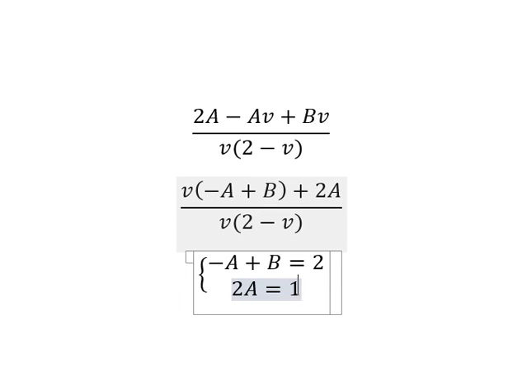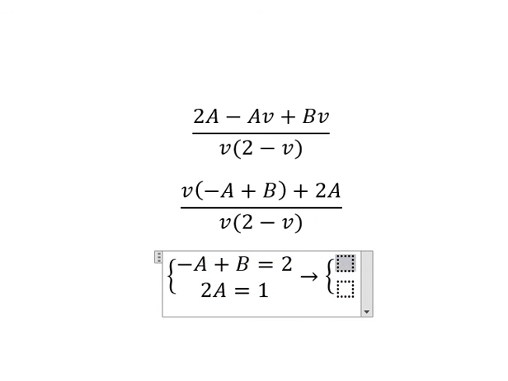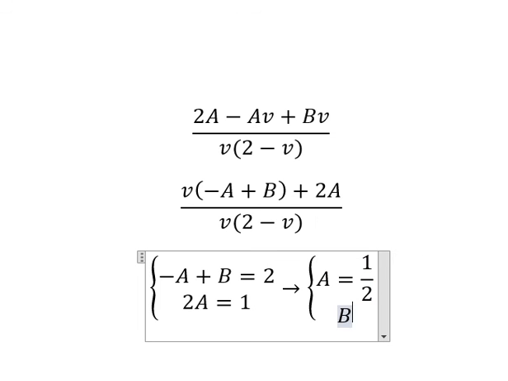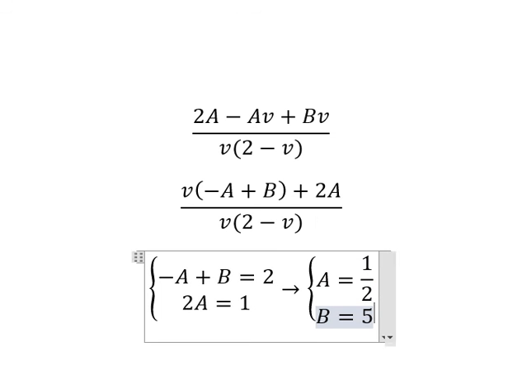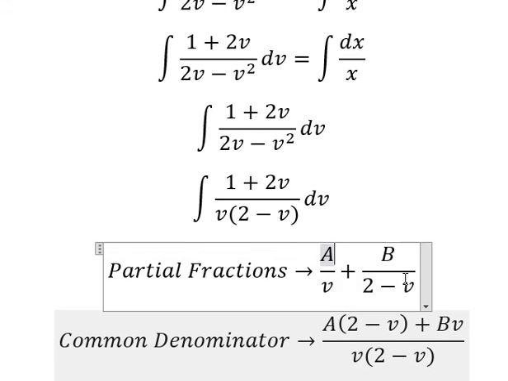And now we need to find the solution of A and B. So A equals 1 over 2. B equals 5 over 2. So we put A and B, go back in here.